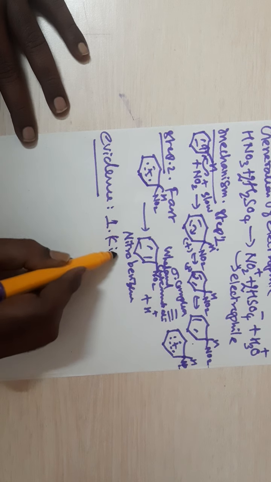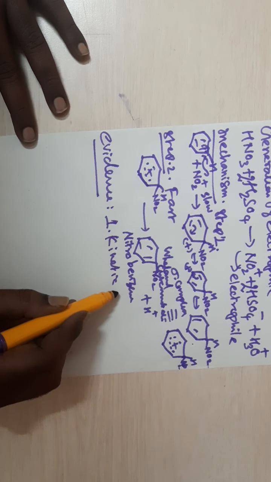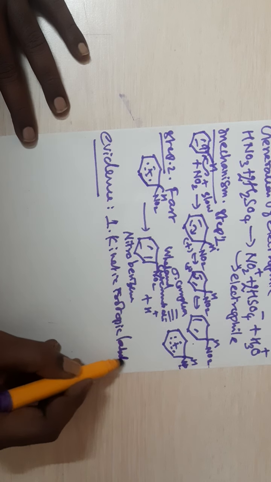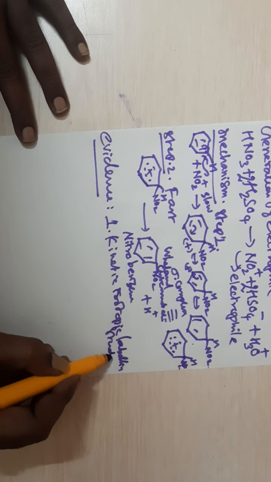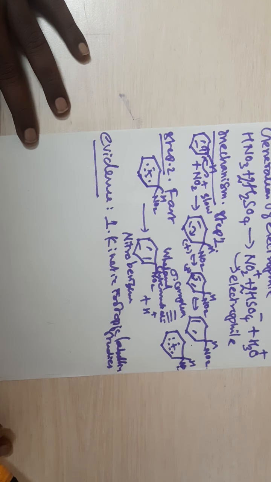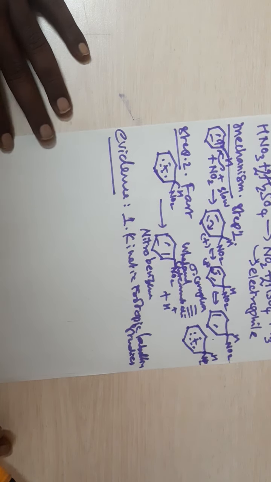It is confirmed by kinetic isotopic labeling studies. So if the hydrogen is replaced by deuterium, then there is no change in the rate of the reaction in step 2. So this confirms that step 2 is the fast step and step 1 is the slow step.